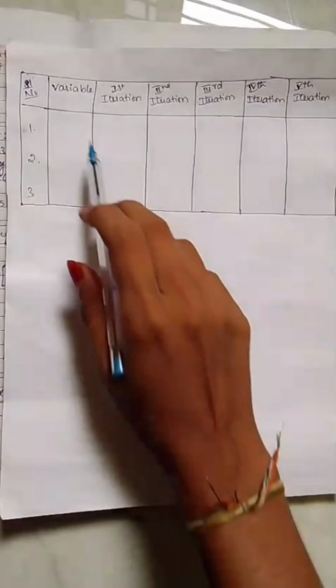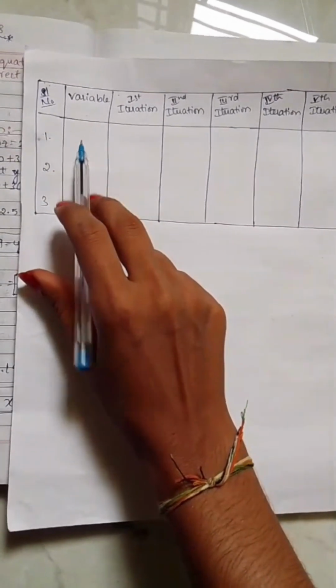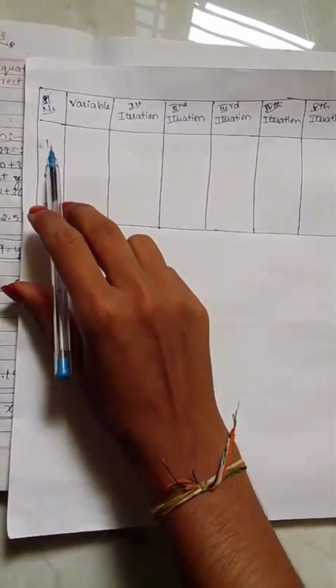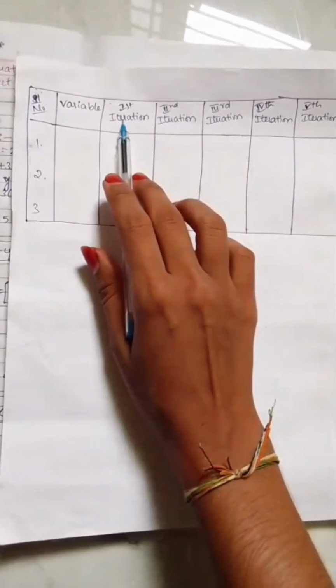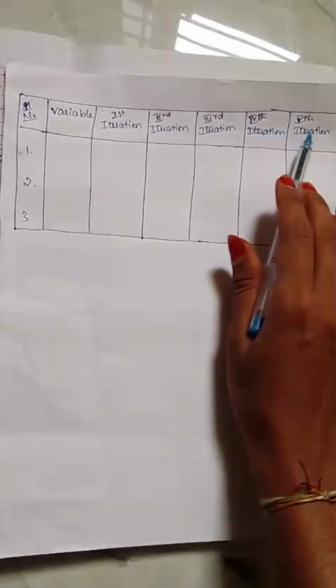After calculating 5 iterations, you have to make a table that should include the serial numbers. We have 3 variables, those are x, y and z. That's why 3 variables. We have done up to 5 iterations. Take the columns like 5 iterations.